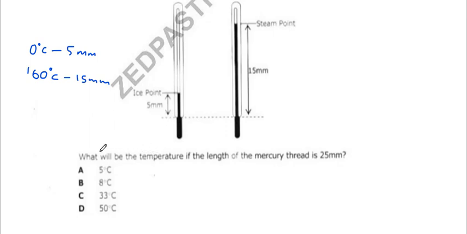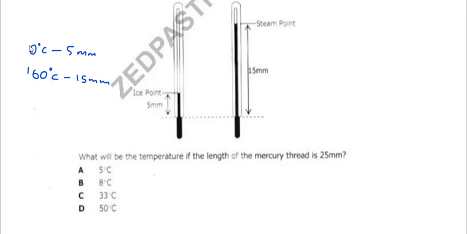So we know that at the ice point we have 0 degrees Celsius, which is at 5 millimeters, and 100 degrees Celsius, which is at 15. So firstly, we find the differences.